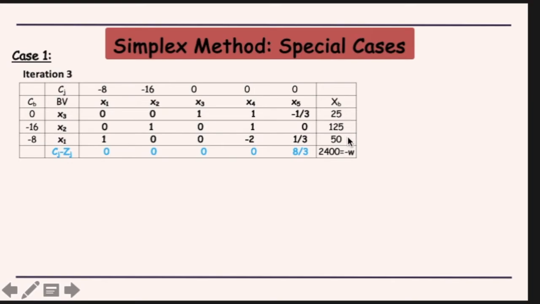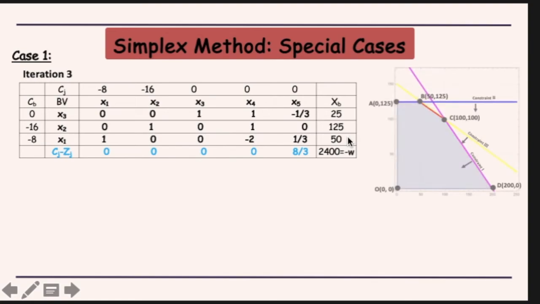So if we now refer to our original problem, which was a problem in 2 variables, and see the graph of this, we can notice that we are talking about or referring to the corner point B, which has coordinates 50 and 125, and which we also had seen that it was one of the optimal solutions. So we have reached optimality in this table, and this is the optimal solution which we have obtained.